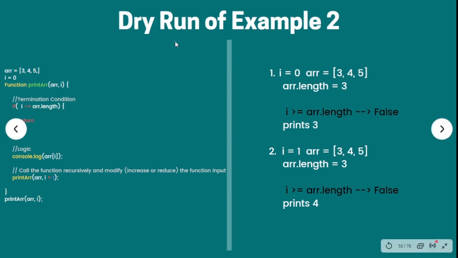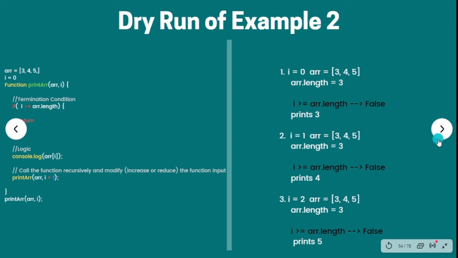Then we call it recursively and we increase i. So i was 0 here, i is 1 here. The second time i is 1, and the third time i is 2. 2 is still less than the array length, which is 3, as we can see here. So we still print the last value, which is 5.